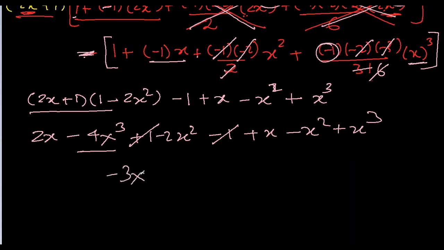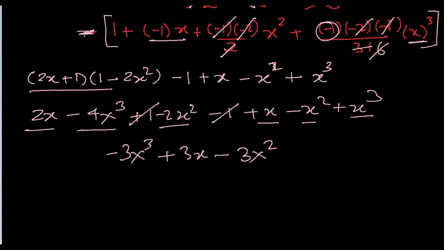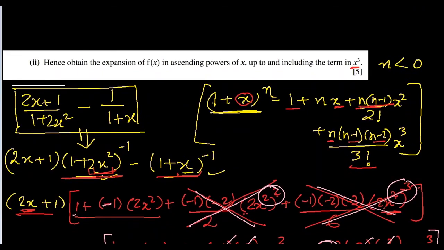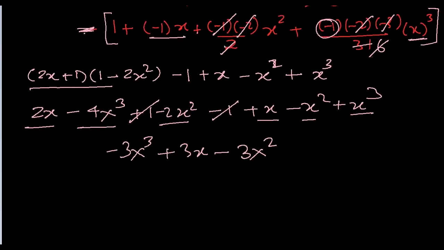So minus 3x cube. 2x plus x, 3x. Minus 2x square minus x square, minus 3x square. Okay, this is already done. We have to write in ascending powers of x. Yes, so it's good because the positive element will come first. 3x minus 3x squared minus 3x cube. That's the answer.